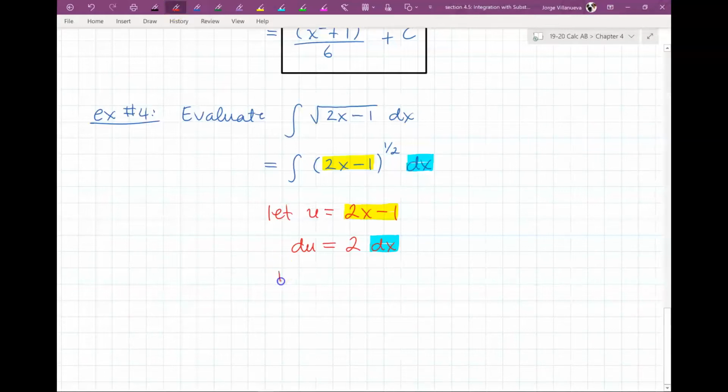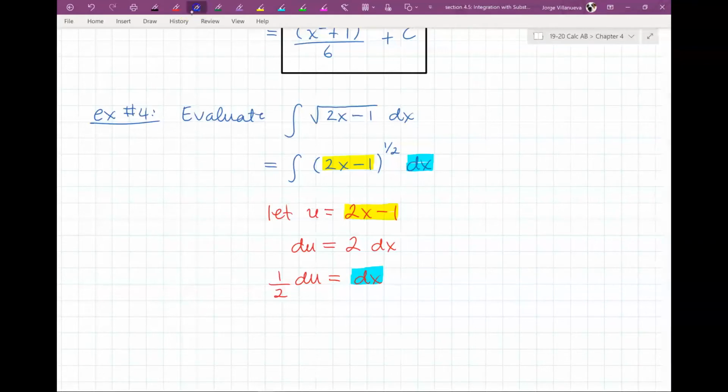So I'm going to bring it over to the other side. Half du is equal to dx. Okay, so half du is equal to dx. Dx is the same as half du.